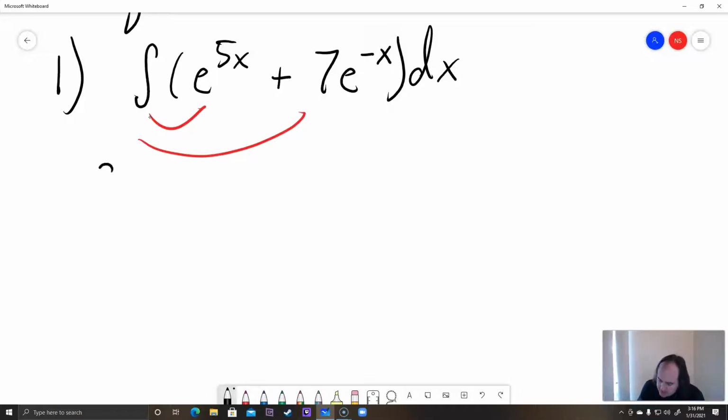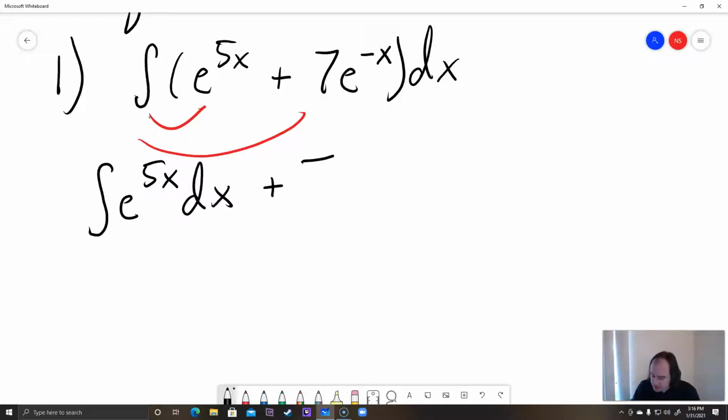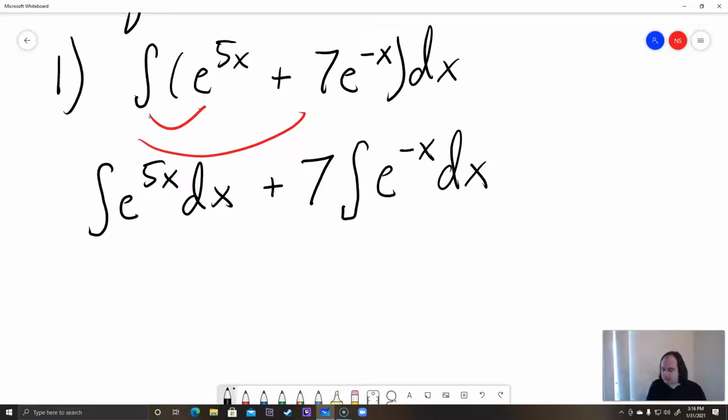So that's going to be the integral of e to the 5x dx plus, well, 7 is a constant, so I can bring it out front of the second integral. So it's going to be plus 7 times the integral of e to the negative x dx. You don't have to write the step I just did, but I'm doing it on this first one just in case you don't remember your calculus 1.